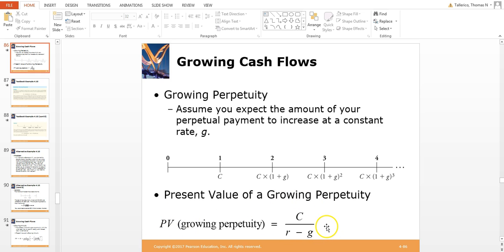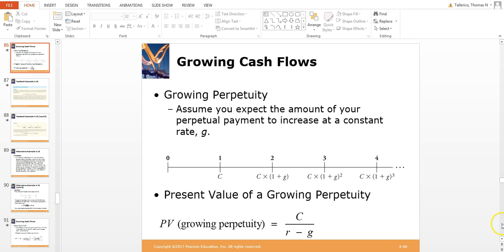Unfortunately, it's not built into Excel. The interesting thing to note though is that we can use the present value function in Excel and trick it a little bit to do it, or we can just do this math in a simple way and just do the subtraction and divide these two numbers. It's actually quite simple.